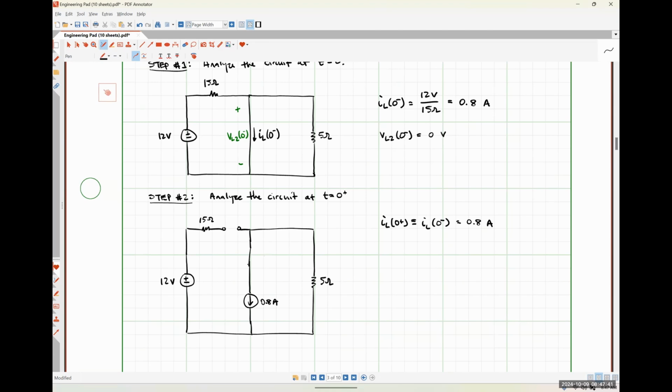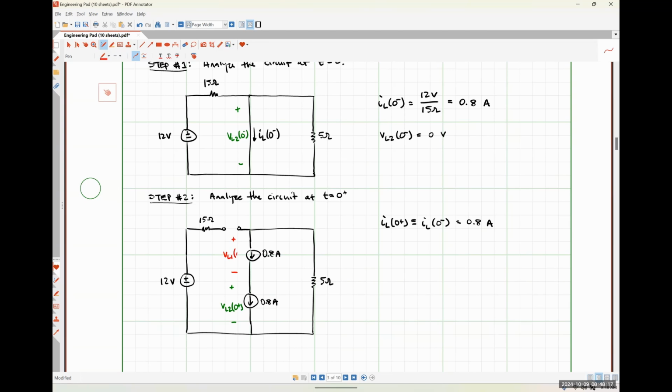Now, what I lose in doing that is what VL2 is. Let me just be clear what I mean here. If I have them both written like this, here's my voltage VL2 at 0 plus. For what it's worth, I'm just going to put this in red up here, even though we're not particularly keeping track of it.